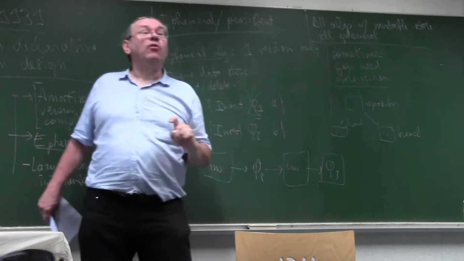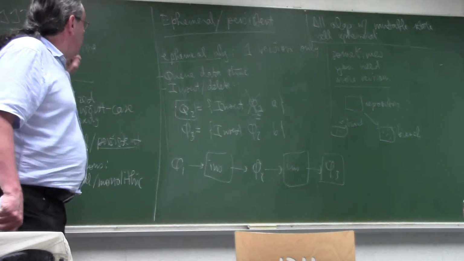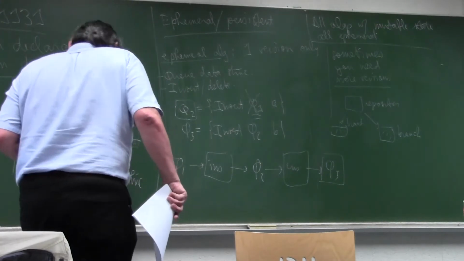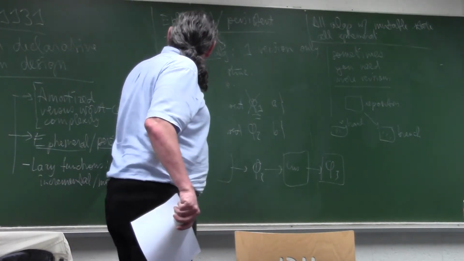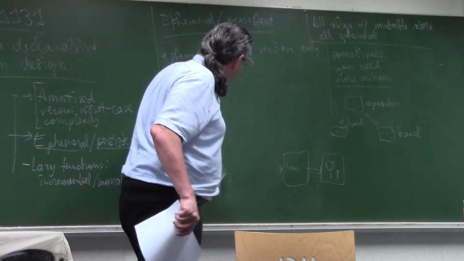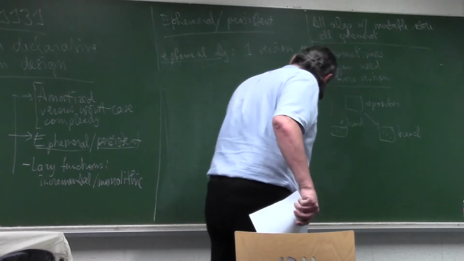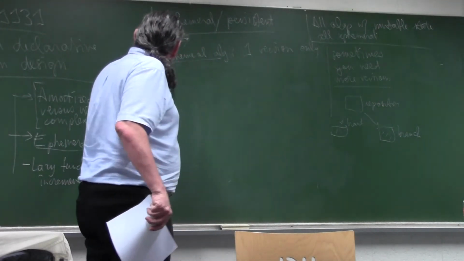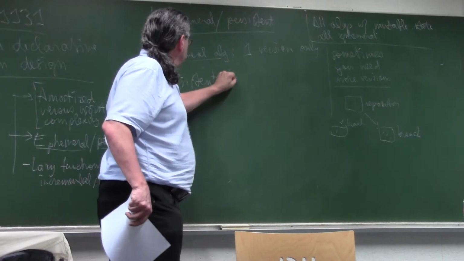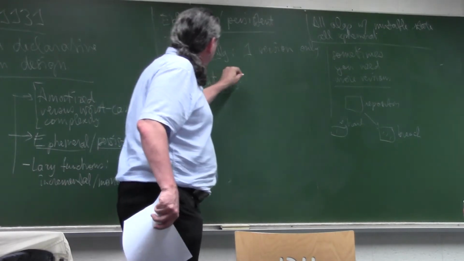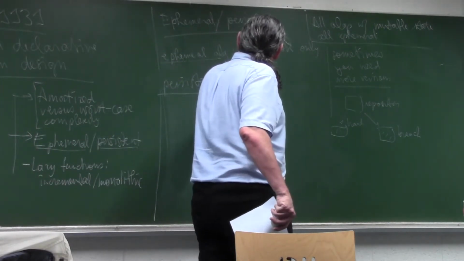Git is not ephemeral. We say that it's persistent. So the idea is that you can have multiple versions of data structures. So the data structure will be persistent, where we can have multiple versions.